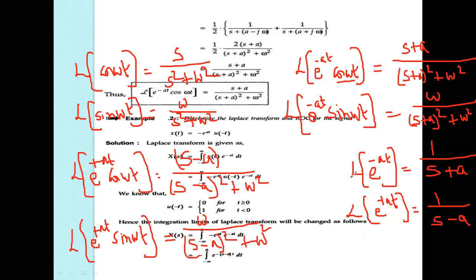Got it, my dear students? If you know the Laplace transformation of e power minus at and e power plus at, and after knowing the Laplace transformation of cos omega t and sine omega t, to find the Laplace transformation of the product of the two functions, e power minus at cos omega t, e power minus at sine omega t, and e power plus at cos omega t, e power plus at sine omega t, wherever the s is there, you can change that s to s plus a when it is multiplied with e power minus at.